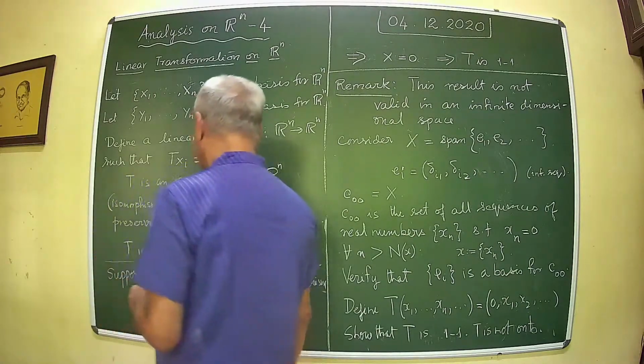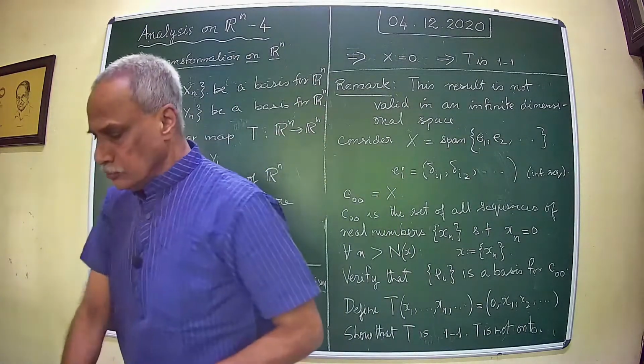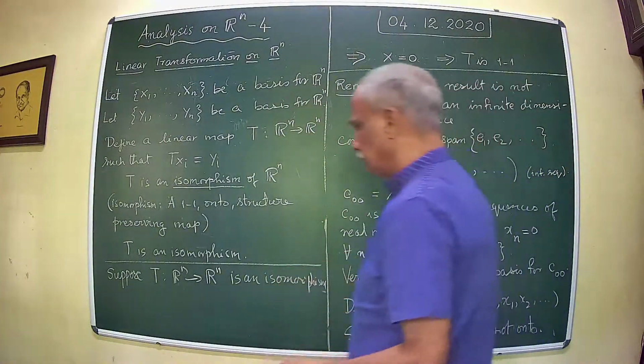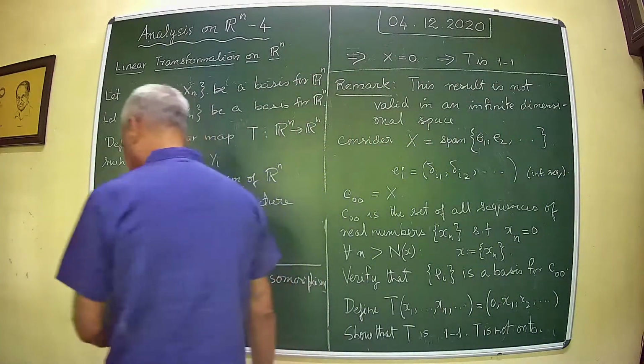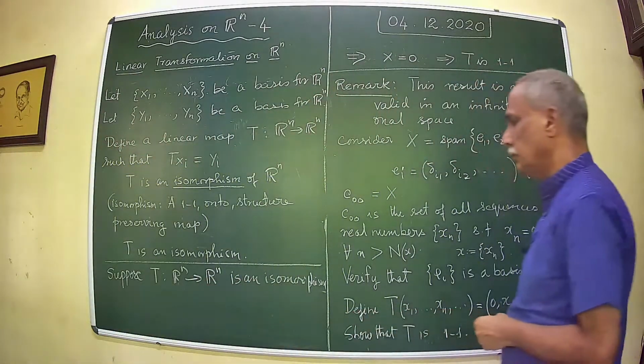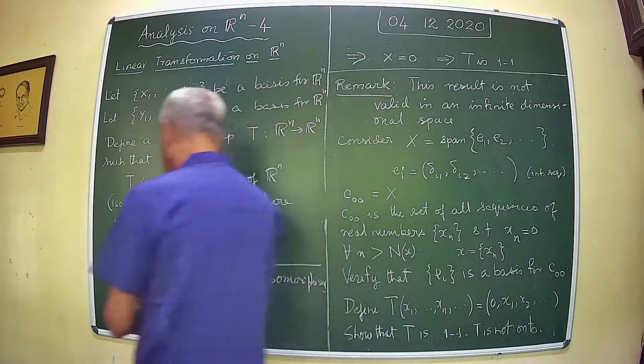Suppose T from Rn to Rn is 1 to 1, onto, and structure preserving. What I want to say is this.